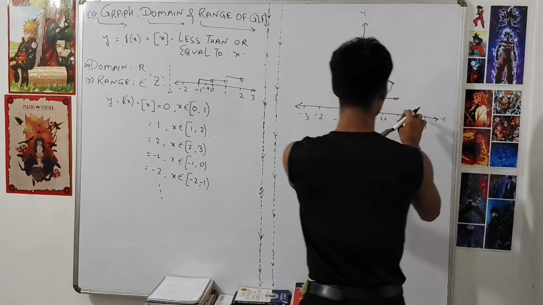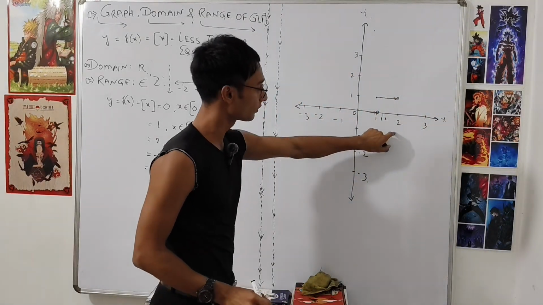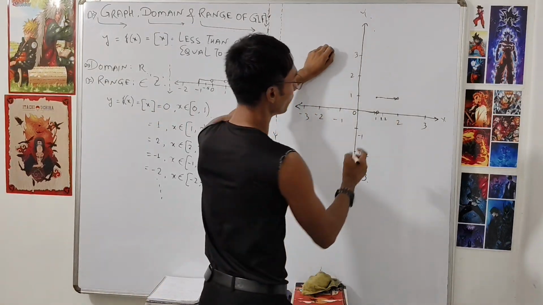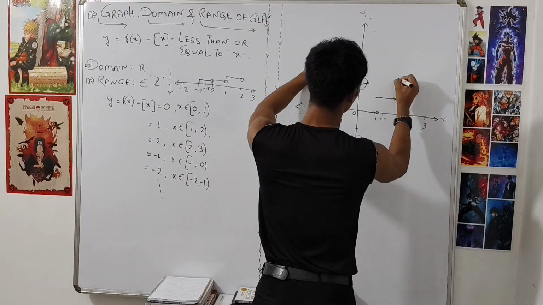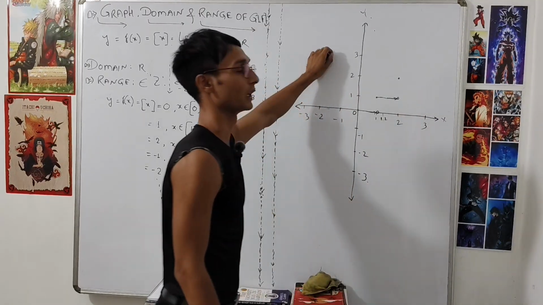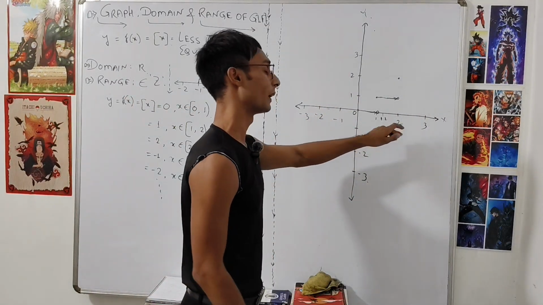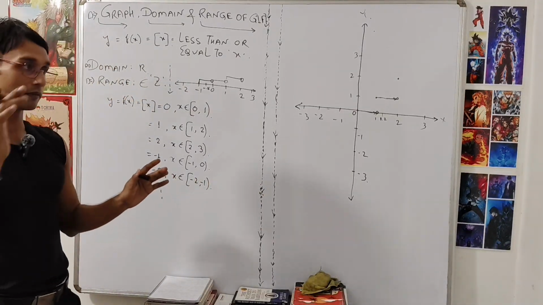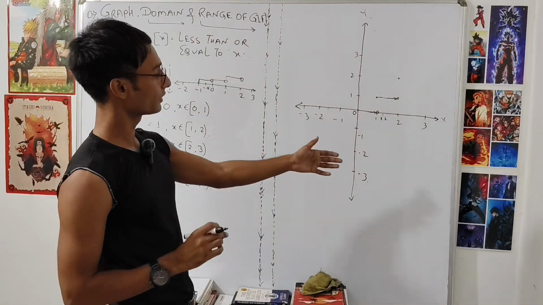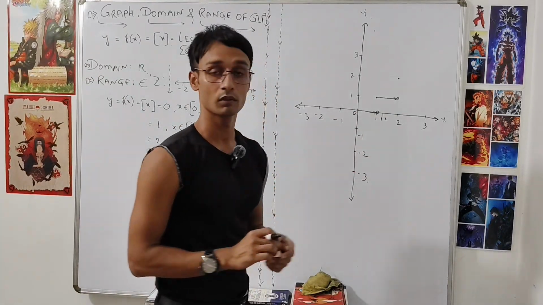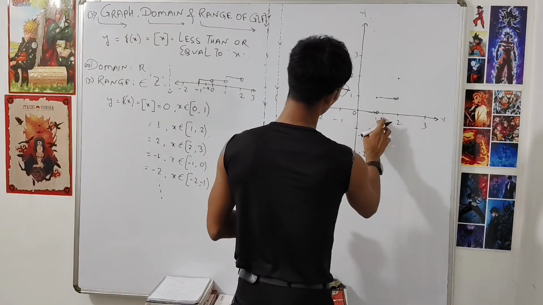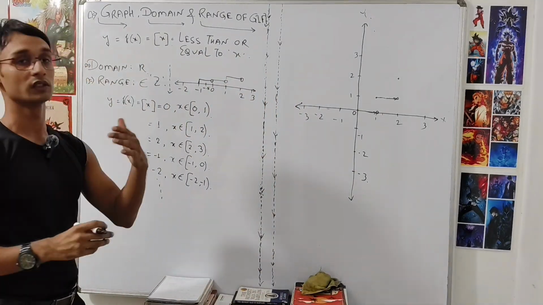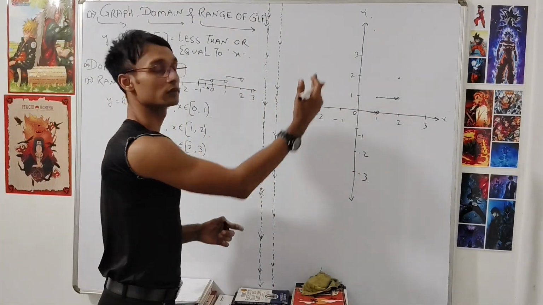And at 2, when you put x = 2 in the floor x, then it will produce 2. It will jump at the point of 2. Up to 1.9 or 1.999, before 2, it will always produce 1, and at the point of 2, y = floor x will jump from 1 to 2.